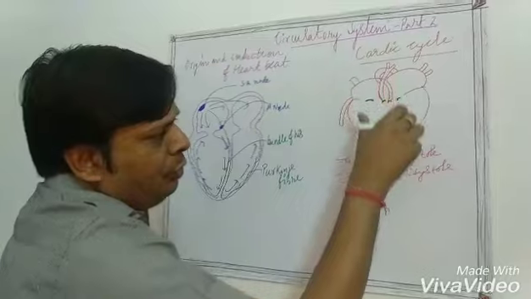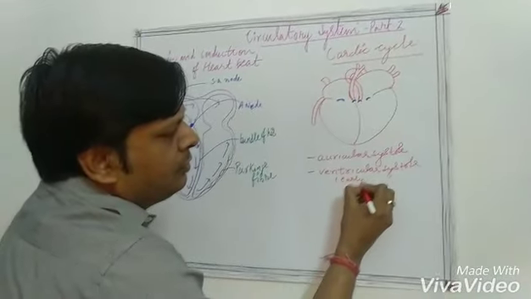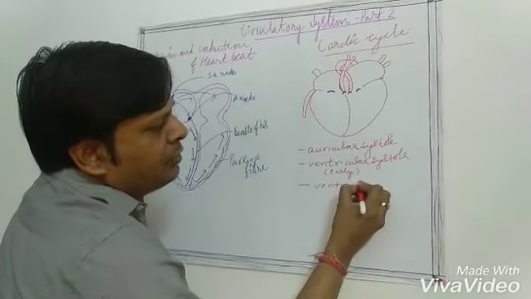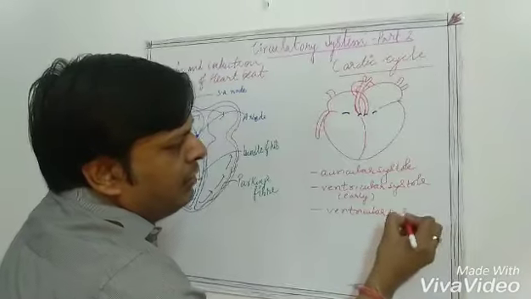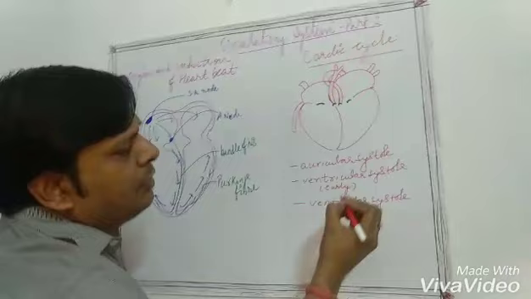Ventricular systole mainly has two phases: the early phase and the late phase.